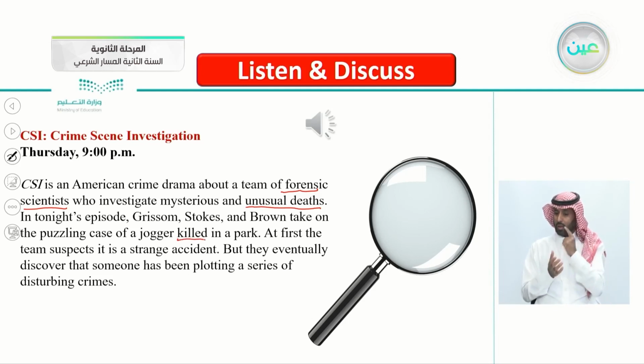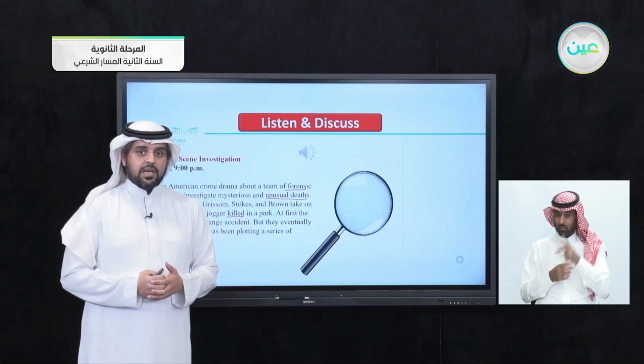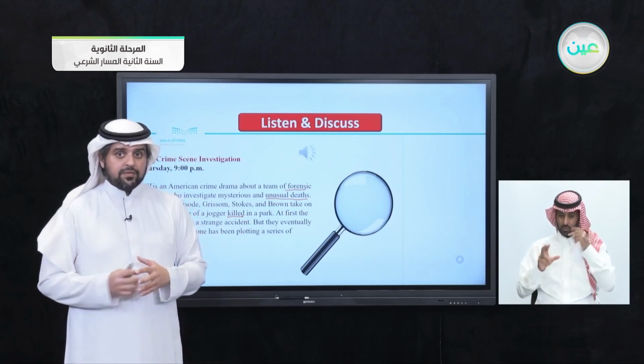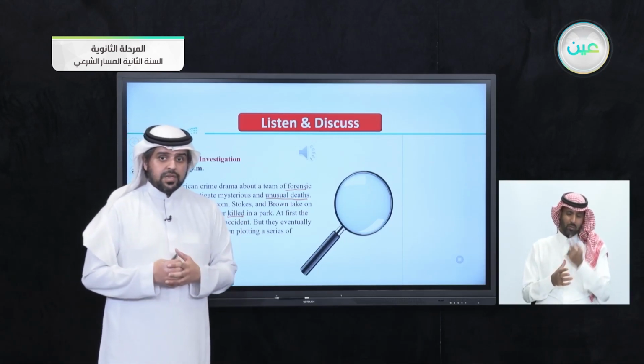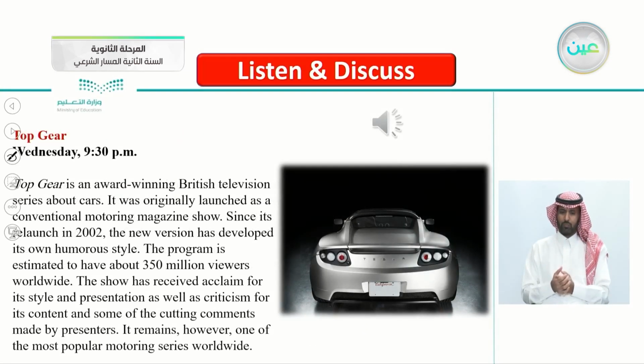So he was killed. That's why they need the forensic scientist. In a park. At first, the team suspects it's a strange accident, but they eventually discover that someone has been plotting a series of disturbing crimes. So this is a well-known American TV series regarding many deaths, and the forensic scientists try to figure out who is the culprit. The next one here is a well-known TV show, Top Gear.